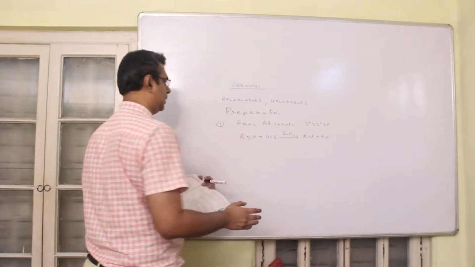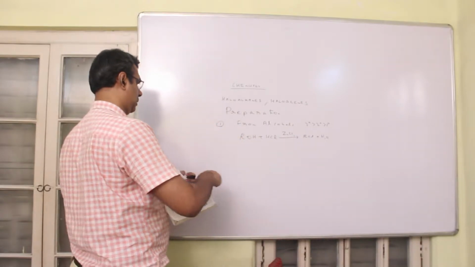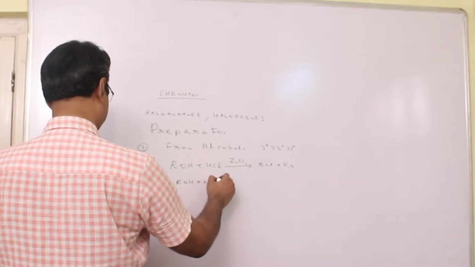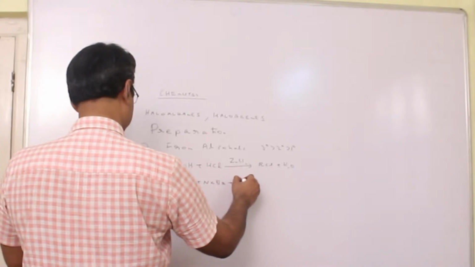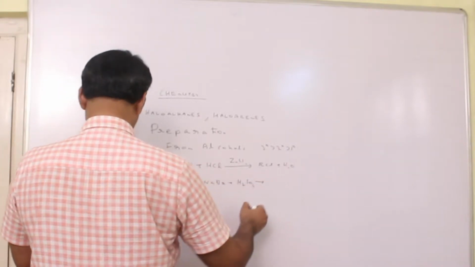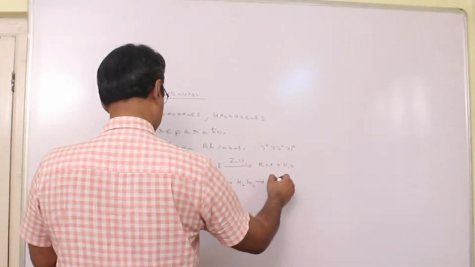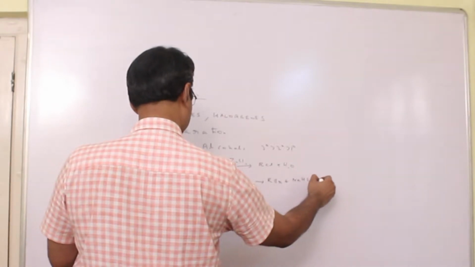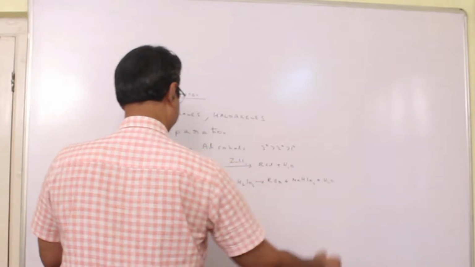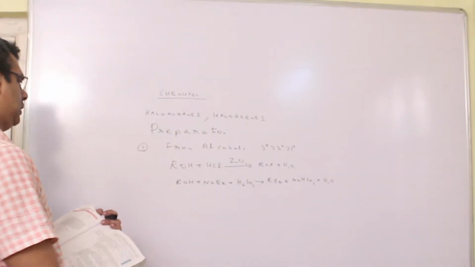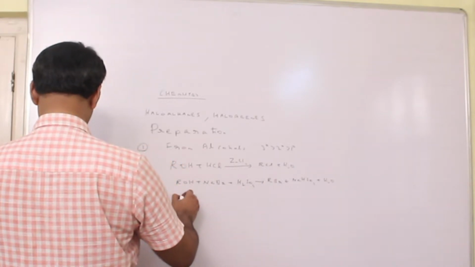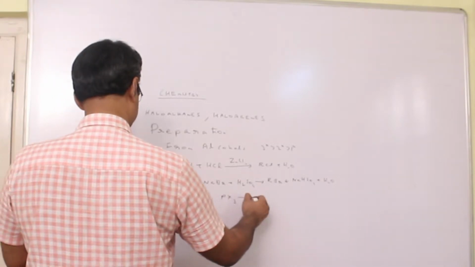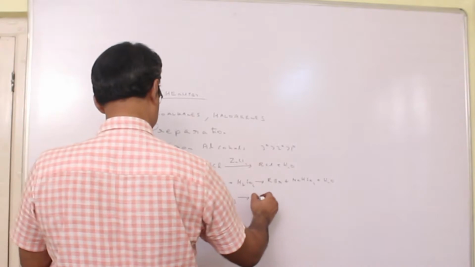Incidentally, this order of reactivity is applicable for other reactions also. For example, the second method is... you can see that the OH group is getting substituted by halogen. Then another method is you take phosphorus trihalide.